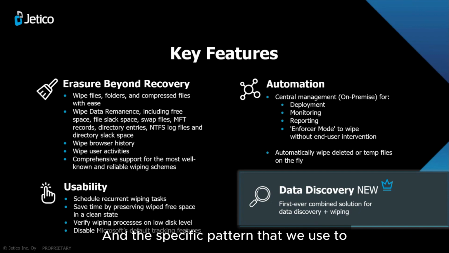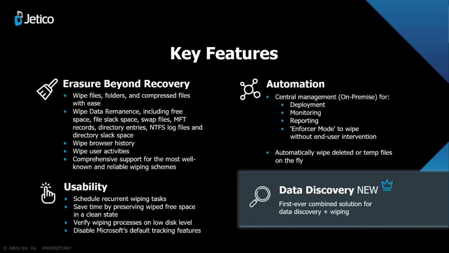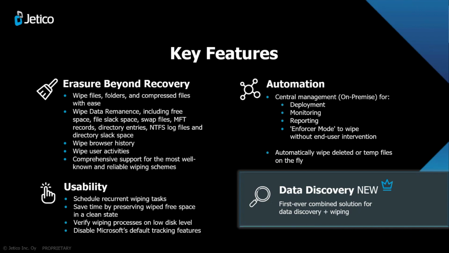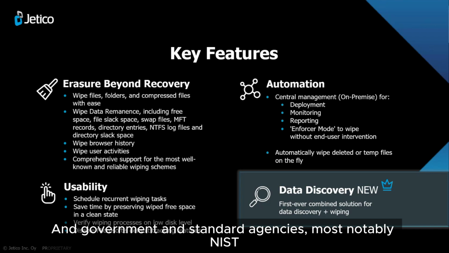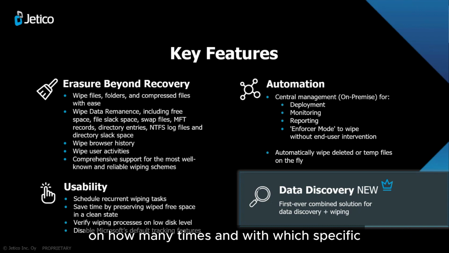And the specific pattern that we use to overwrite the data that we want to be gone, and also the number of times that we write this pattern to the drive, this together forms what's known as a wiping scheme. So a wiping scheme is a set of rules and information that we need to use to be able to achieve certain levels of compliance. And government and standard agencies, most notably NIST in the US, have put forward their recommendations on how many times and with which specific pattern data should be overwritten.